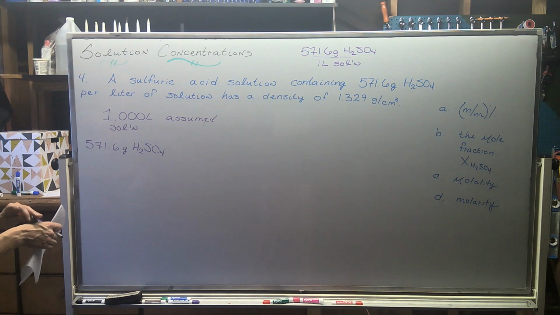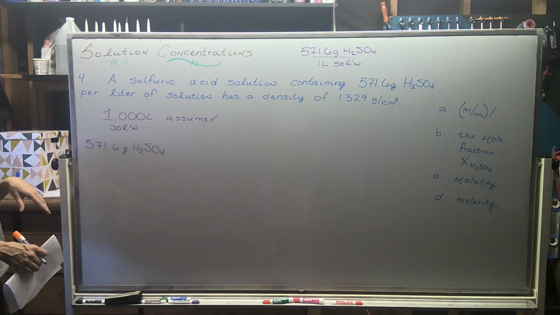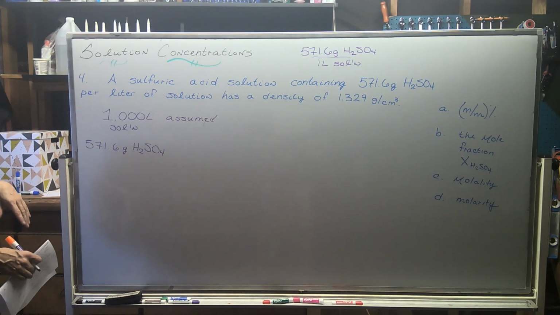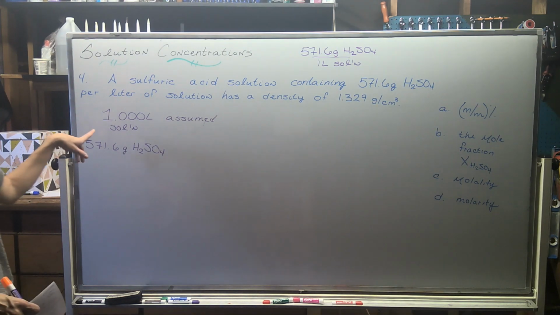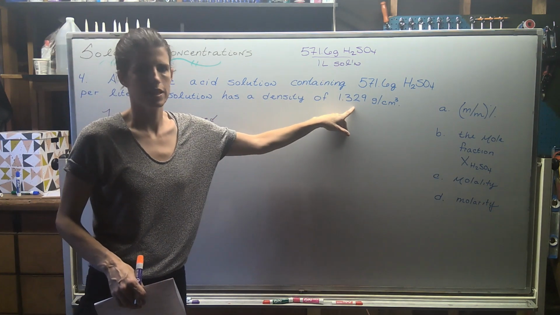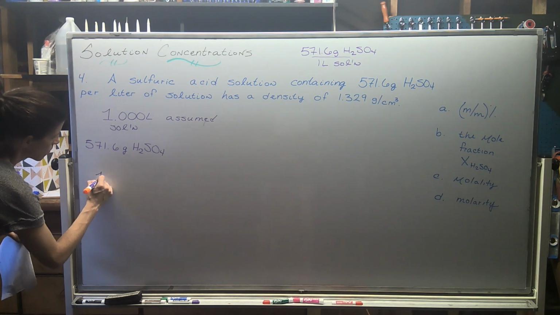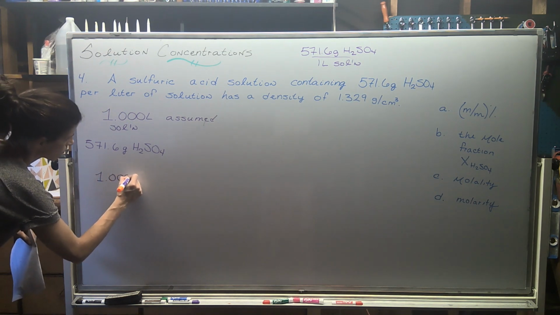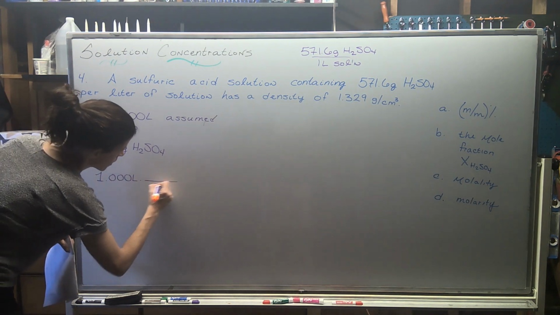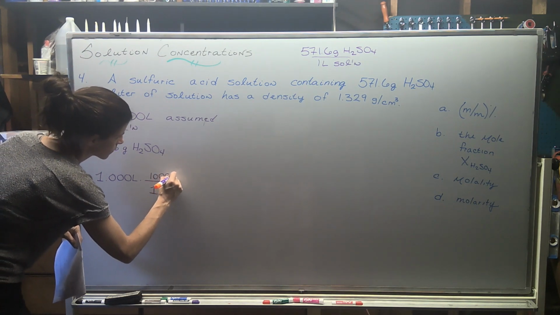So first is mass by mass percent. Halfway there, because I already have the mass of the sulfuric acid, and we're assuming a liter of the solution, and we know the density of the solution. So I'm going to use those numbers. I'm going to say, well, I have 1.00 liters, and I know 1 liter has 1,000 mils.